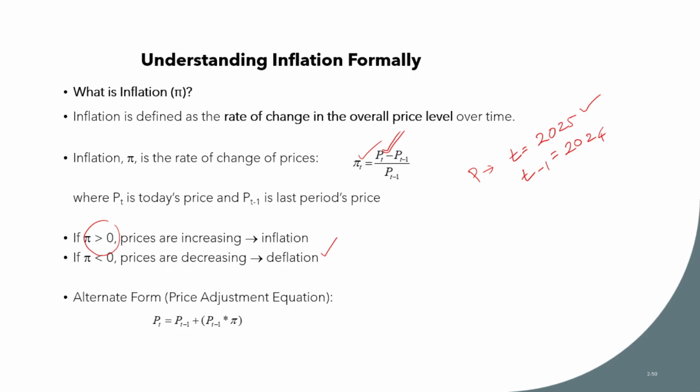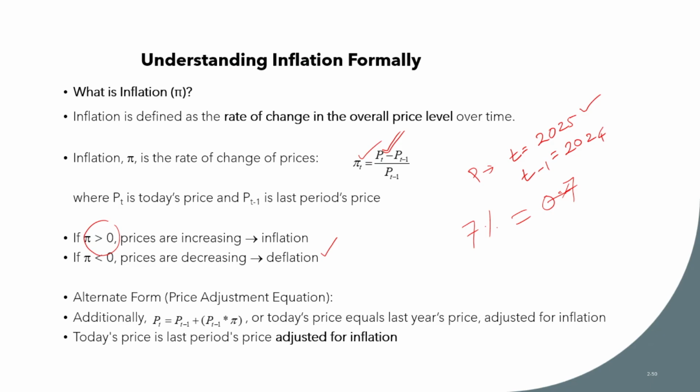Inflation is normally expressed as a percentage. For example, we say inflation is 7%, or otherwise 0.07. To summarize this slide, today's price is last period's price adjusted for inflation.